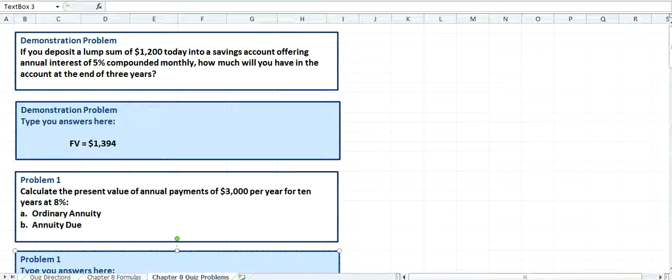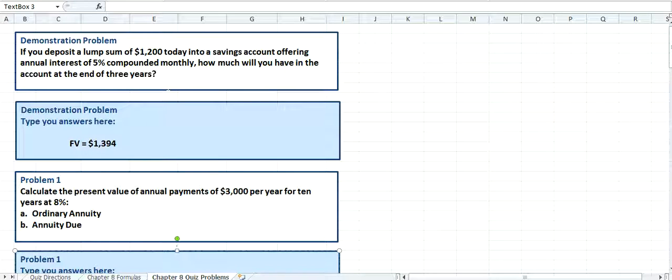How much will you have in the account after 3 years? So we're talking about an amount in the future. Right away you should be thinking, I need to find the formula for a future value. And it's not an annuity because it's a lump sum. So it's just a straight future value.